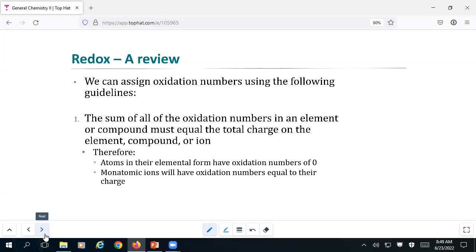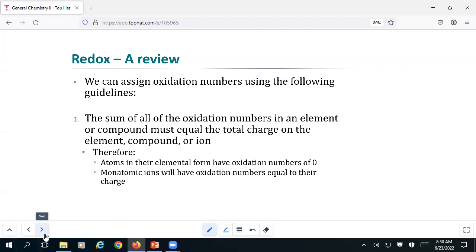But since dichromate is a -2 ion, I know that the sum of all of those numbers after I add it all together has to equal -2. So that's the first guideline, and it's kind of the most important one because it gives us that foundation to have a way of comparing.